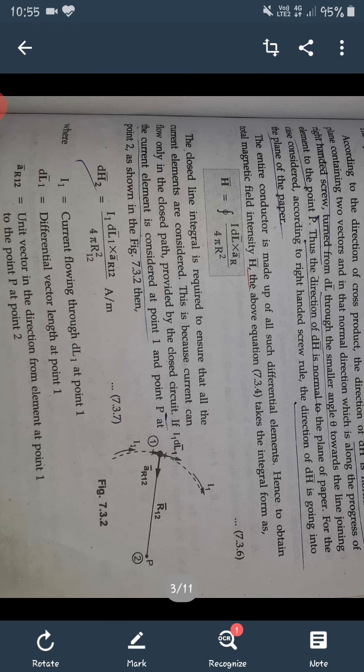Now we can write dH2, because we are finding the magnetic field intensity at the point P, and the point P is at 2. dH2 will be equal to I1 dl1 cross aR12 divided by 4 pi R12 squared.